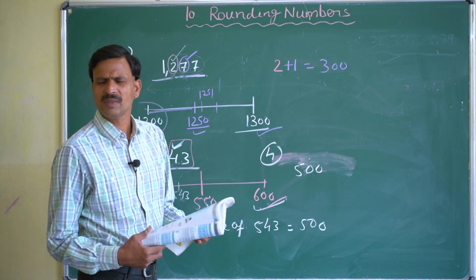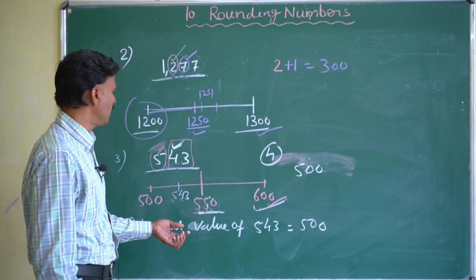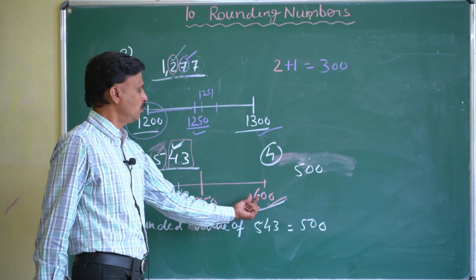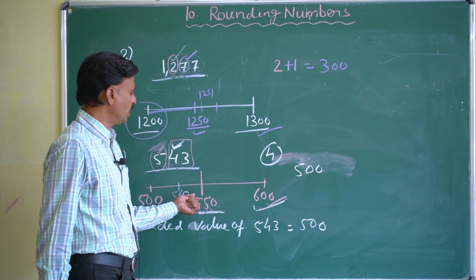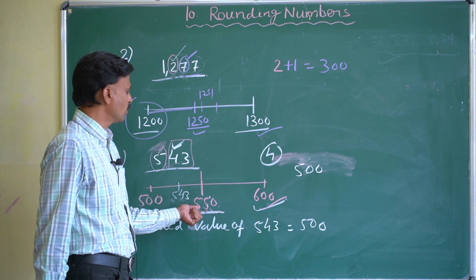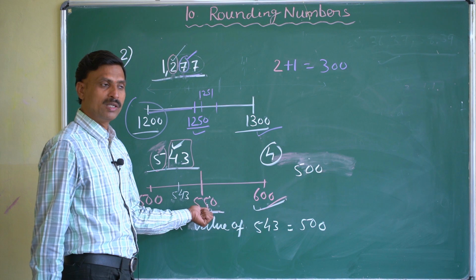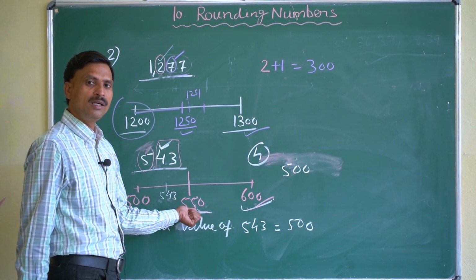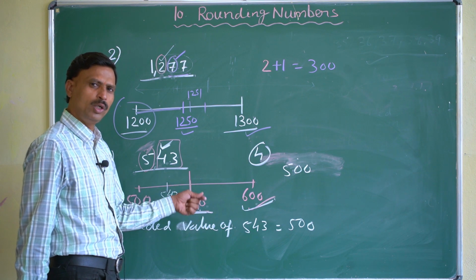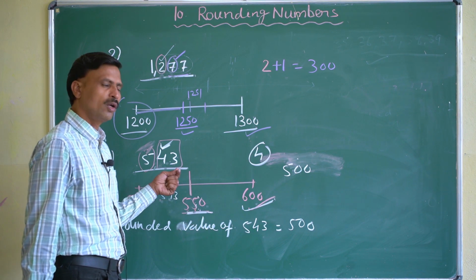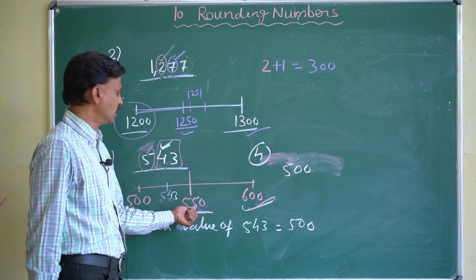Got it? It is very easy and clear. If we are rounding off to the nearest 100, we'll see the 10s place digit. Just as we were seeing the unit place digit when rounding off to the nearest 10, here we are rounding off to hundreds, so we are seeing the 10s place digit.